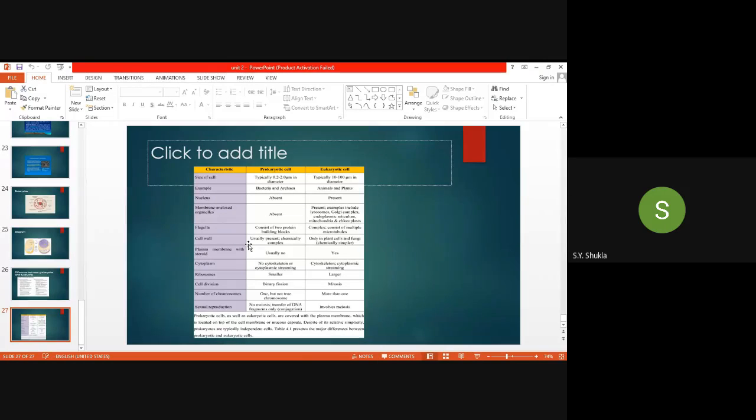Sexual reproduction is one in which there is a need of two parents, male and female, and then there is fertilization of the male and female gamete and formation of the zygote, and this is new in the eukaryotic cell. But in the prokaryotic cell there is no such meiosis. They are divided by binary fission.